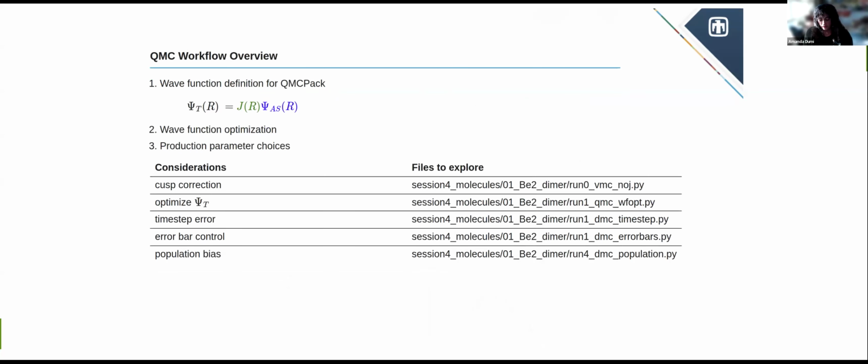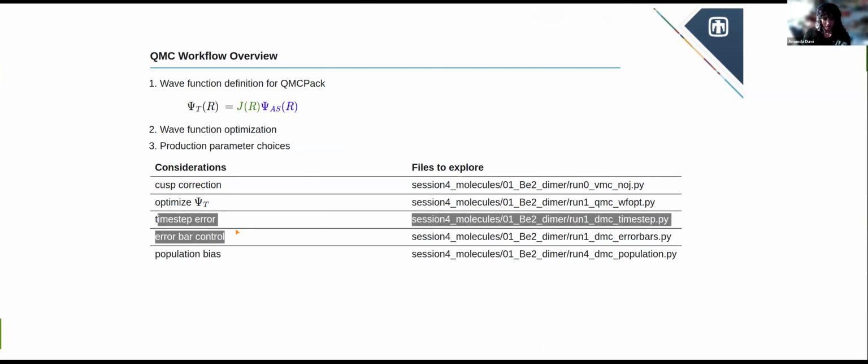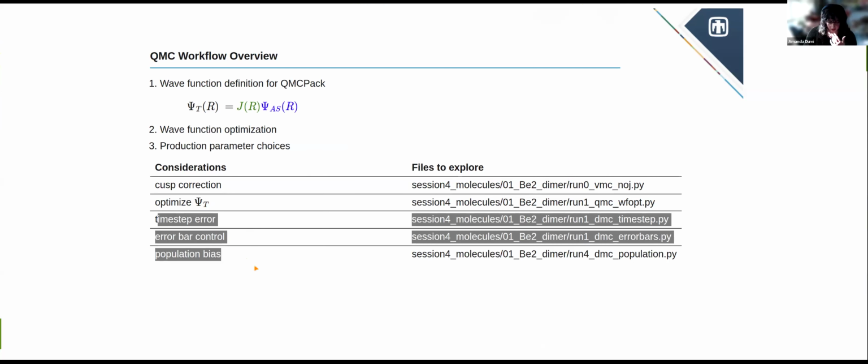And so, just an overview of what we're going to do with this molecule. You'll find a collection of files on GitHub right now. What we're going to look at is setting up the cusp correction, which will be in the file shown on the right-hand side. And then how do we optimize this trial wave function? And also some of our considerations for DMC, which will be these last three here: timestep, our error bar control, and our population bias.